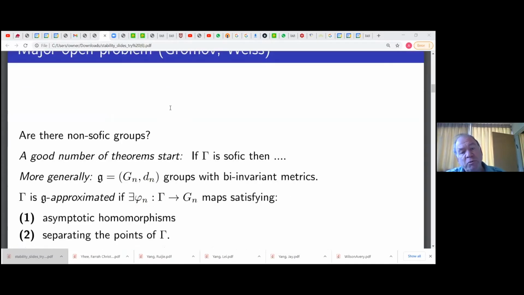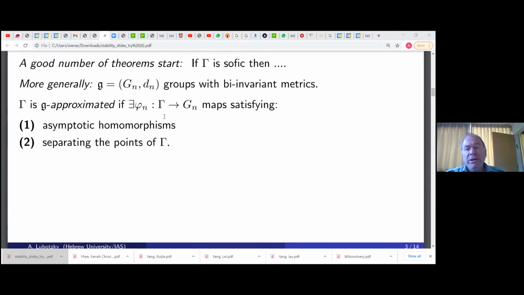If you have these two properties with respect to G, we will say that the group gamma is G-approximated.